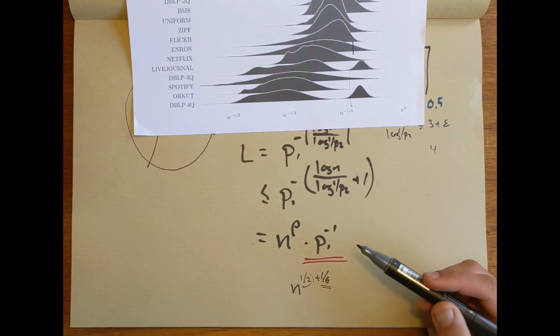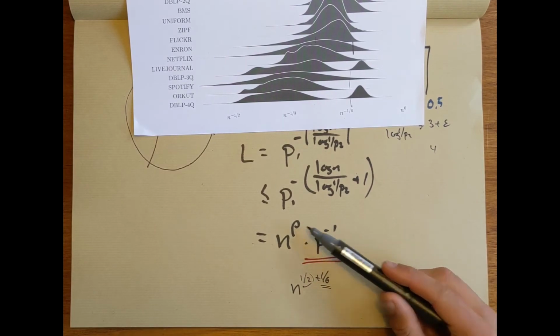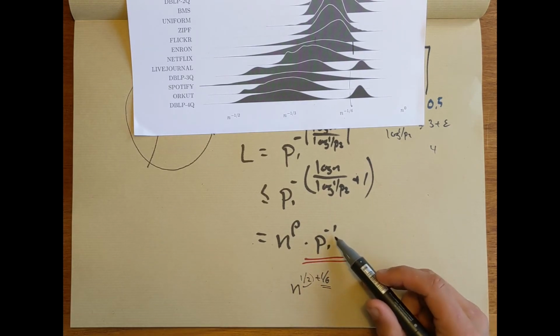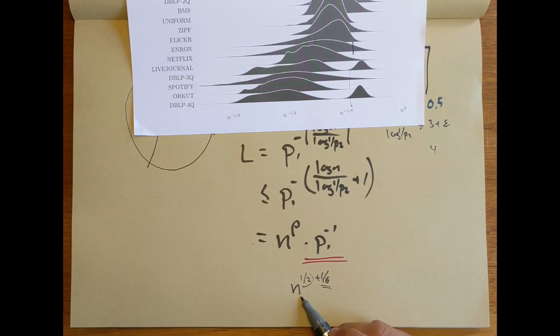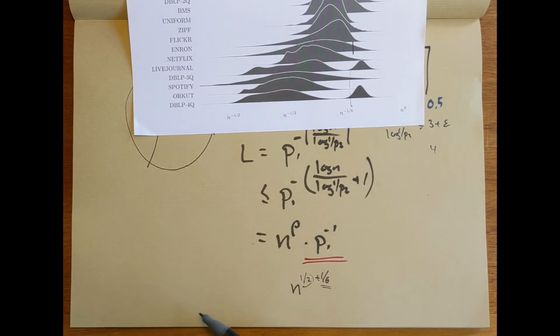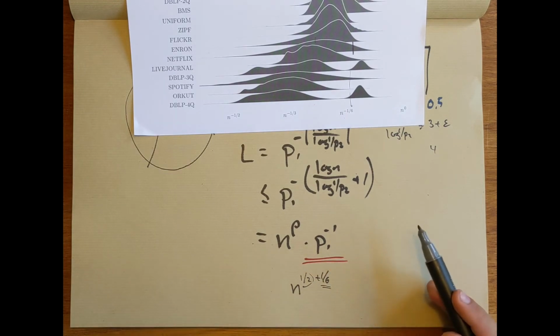You could even imagine many cases where rho is big enough that once you add this contribution from p1 to the minus 1, you actually end up spending time bigger than n, which is of course a terrible thing, since then you might as well have just done a brute force search of the whole database.